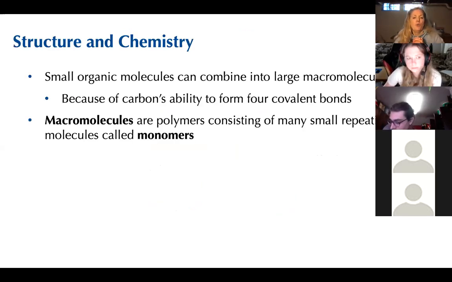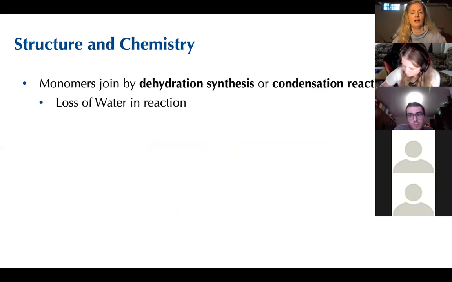All right, so we're going to be combining some small organic molecules to make larger macromolecules. And most of our macromolecules will be polymers of many repeating monomers. Okay, so we'll repeat simple sugars over and over into polysaccharides from monosaccharides.